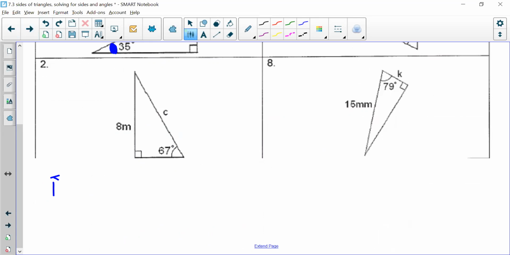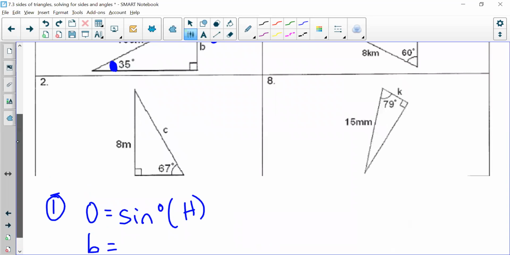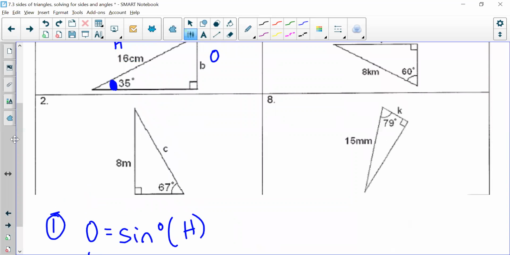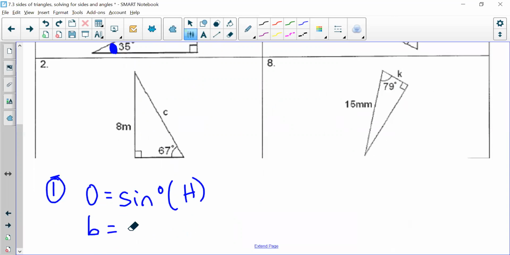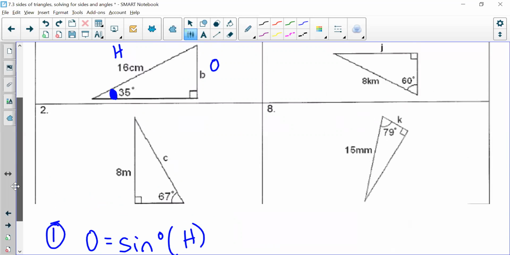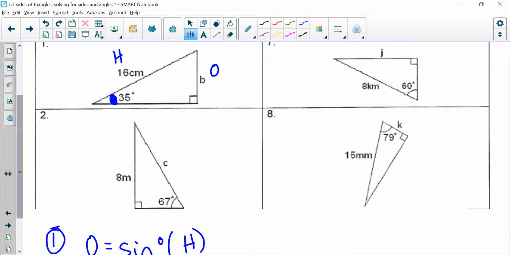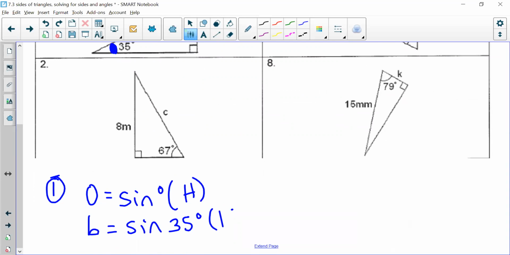On triangle number 1, my opposite is given by the letter B. That's my variable. How big is the angle that I'm working with? 35 degrees. So I'm going to write sine of 35 degrees. And how long is my hypotenuse? 16 centimeters.